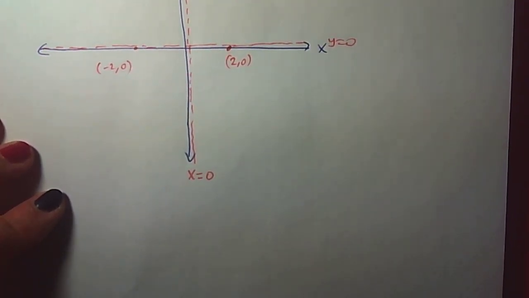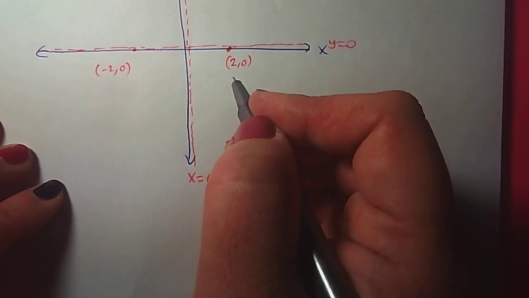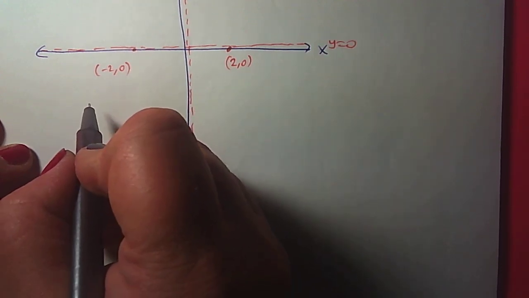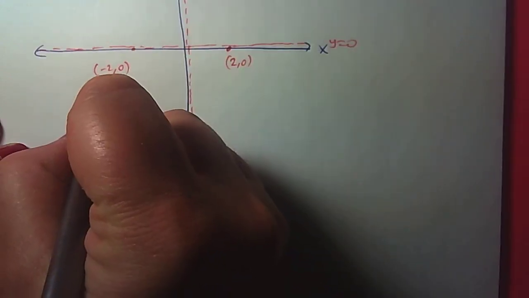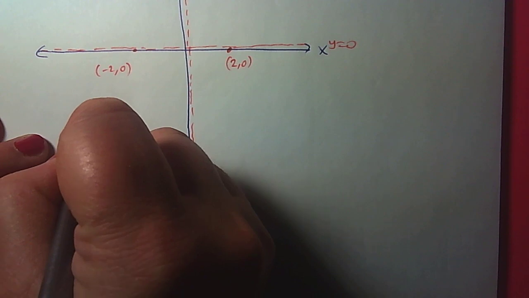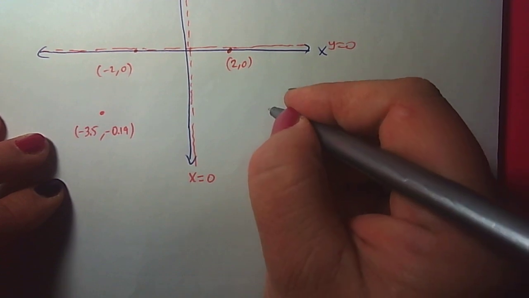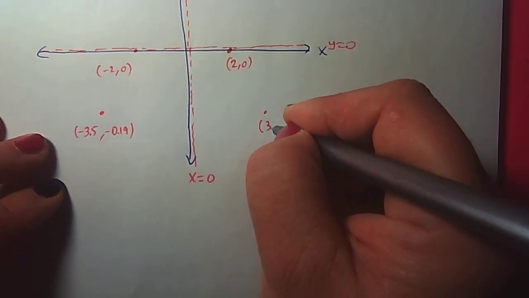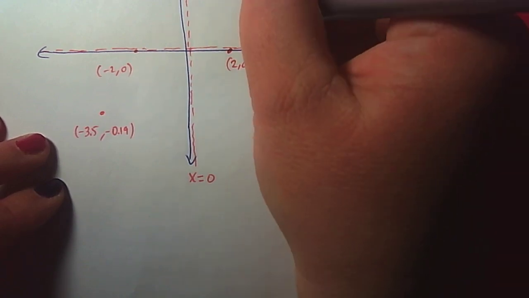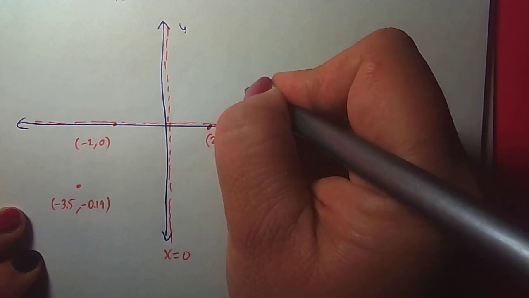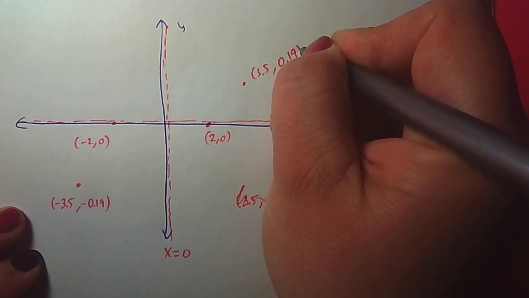You also need to put the local max and min points. So we have one at negative 3.5 and negative 0.19. And we have another one at 3.5 and positive 0.19.